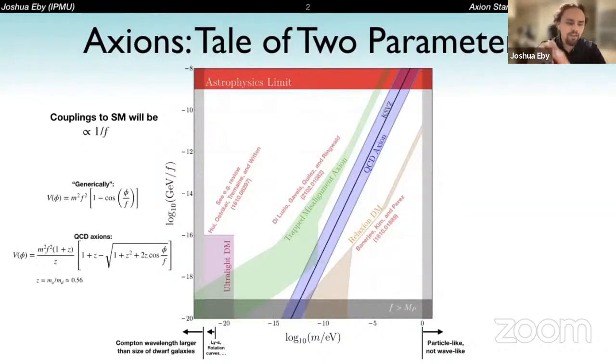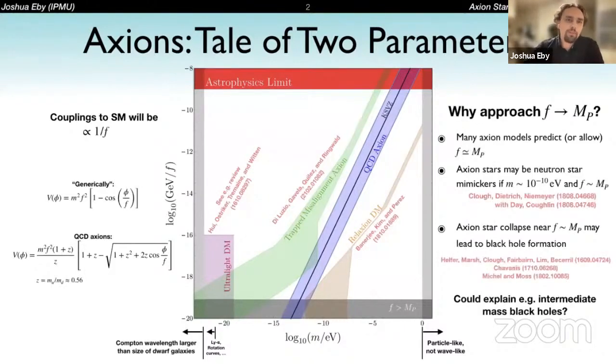So it can take what I've called a generic form. Basically, this is a very common axion or ALP potential that respects the shift symmetry if the axion is a pseudo Goldstone boson. A little bit later, we'll focus on the QCD axion potential, which is similar, but has a weak dependence on the ratio of quark masses.